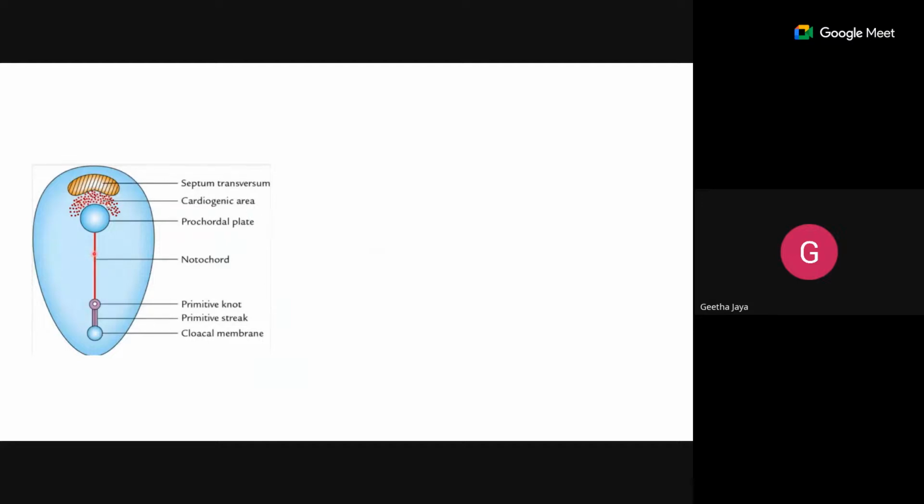So this is the cardiogenic area. Means what? It is the splanchnopleuric mesoderm below the pericardial cavity. The pericardial cavity, the intraembryonic coelom, is not shown. This is the splanchnopleuric mesoderm that is shown, and in it you have all the blood vessels developing.